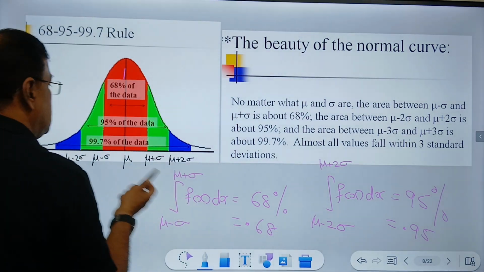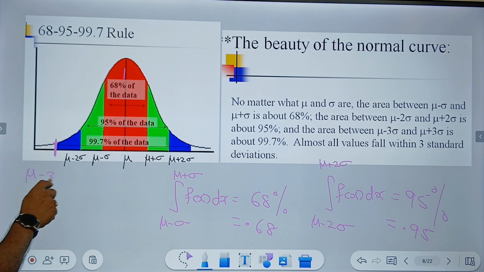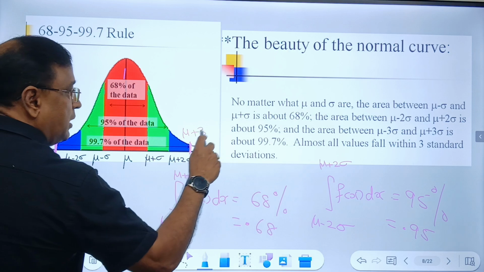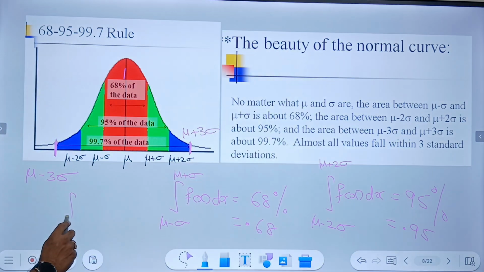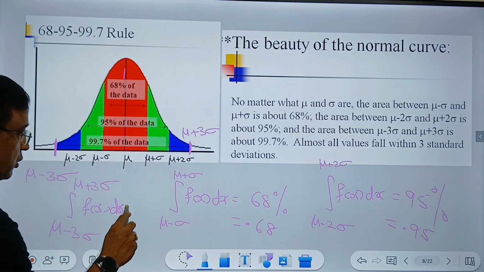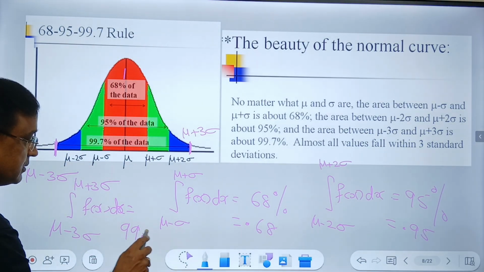Now just see this. If I go still further, can you see this region? This is mu minus 3 sigma and this is mu plus 3 sigma. So the integral from mu minus 3 sigma to mu plus 3 sigma of f of x dx, the area contribution is around 99.7%.